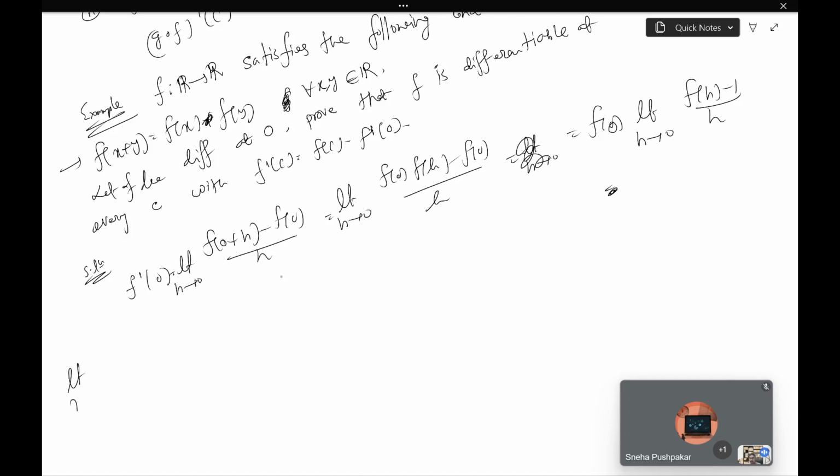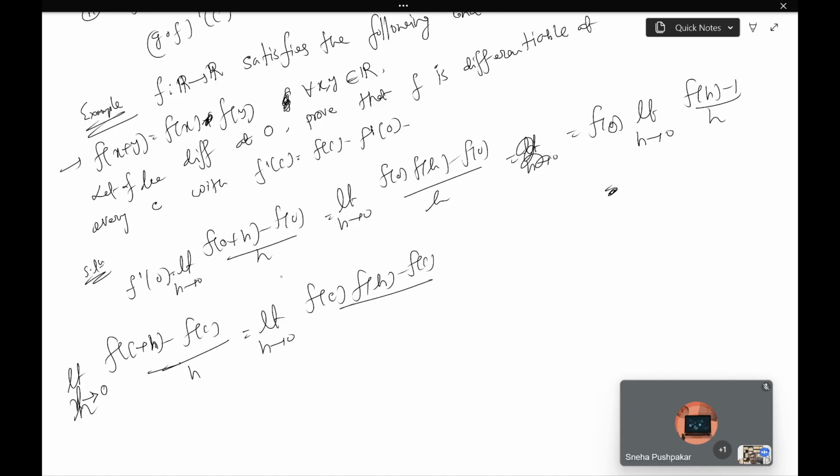Observe that the limit h goes to 0 of f of c plus h minus f of c by h is equal to the limit h goes to 0 of f of c into f of h minus f of c by h.